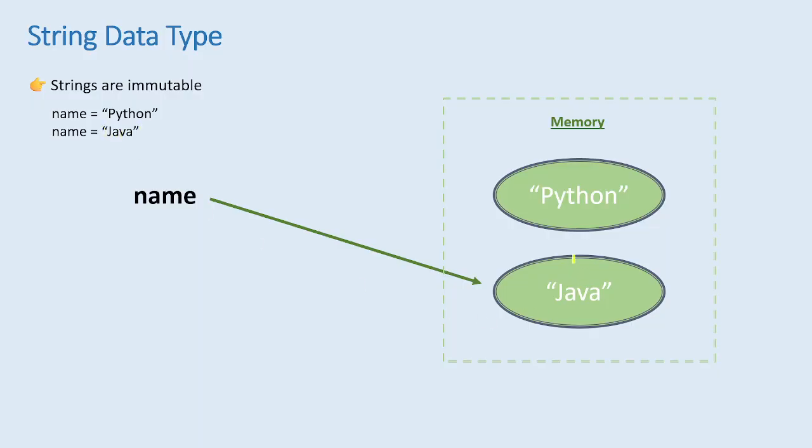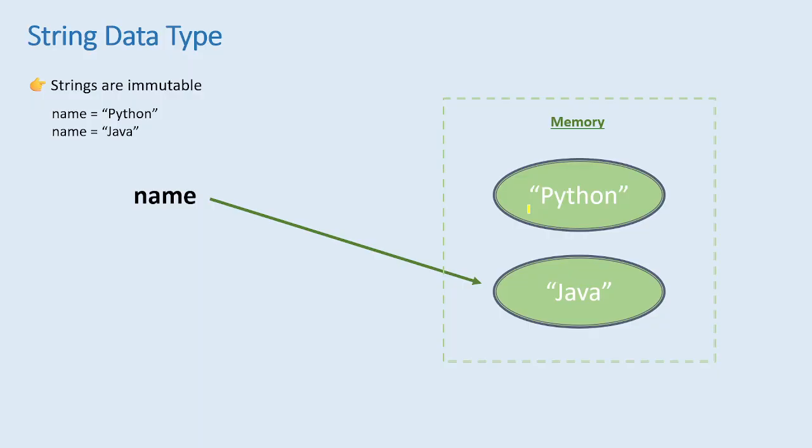So in memory, a new string object is created which holds the value Java, and the same variable name starts pointing to the new string object. But the old string object remains unchanged.